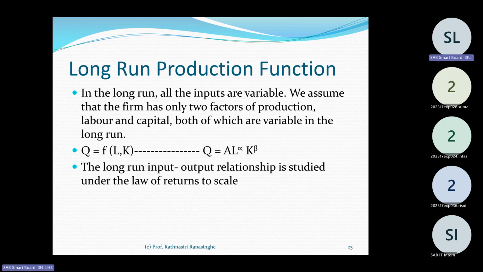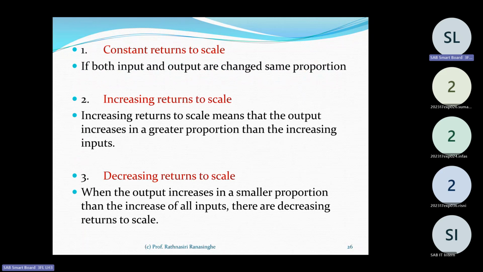Decreasing means that if there is a change in the input, output does not respond proportionately. That generates decreasing returns to scale. So we can identify constant, increasing, and decreasing returns to scale in the long run with respect to change in the output due to change in the variable inputs.